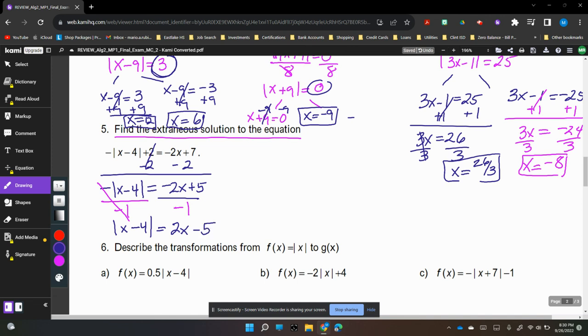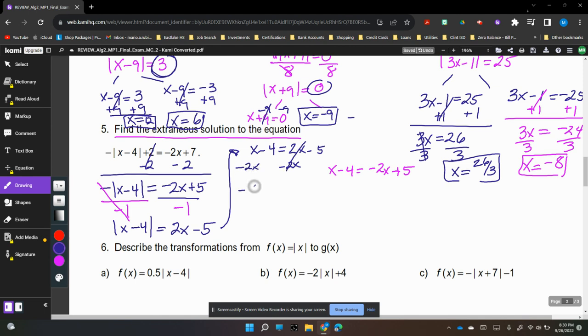Okay. Now that this is isolated, we split it into two equations. And then the second equation, we have to do what's inside to the negative of the other side. So we switch all the signs. So these are our two equations. Then we have to solve like we normally do.